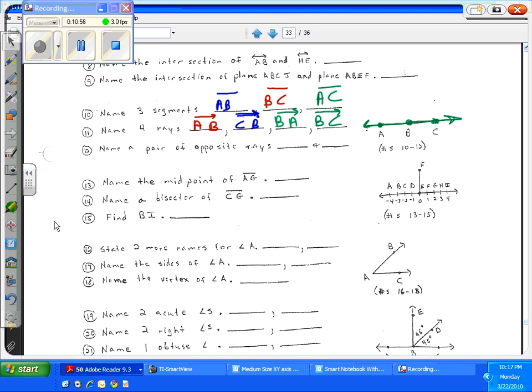So the pair of opposite rays would be those two rays with the common endpoint that went in opposite directions, which were ray BA and ray BC. Any questions on section 10 through 12?